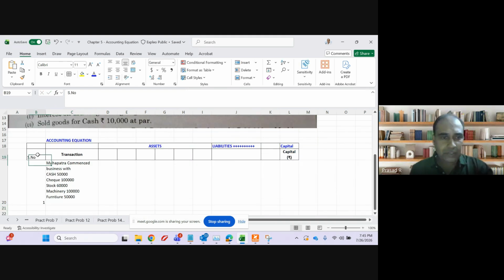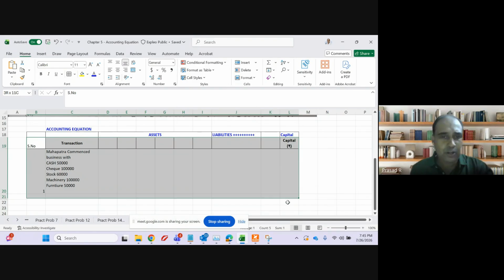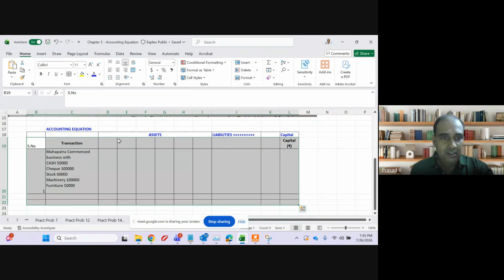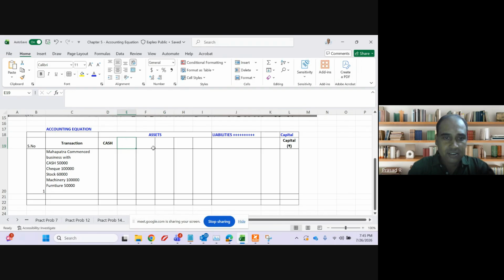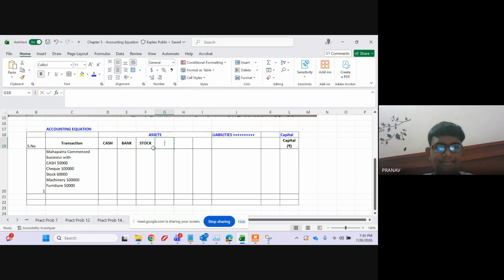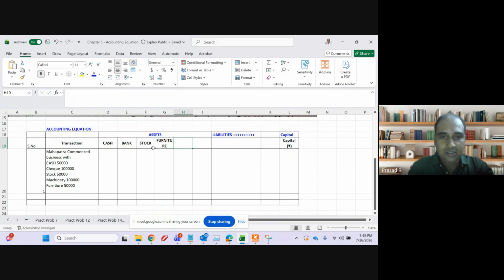Just like cash, we have to introduce so many columns. He is bringing cash, bank account, stock, furniture and machinery. All these are capital, guys.